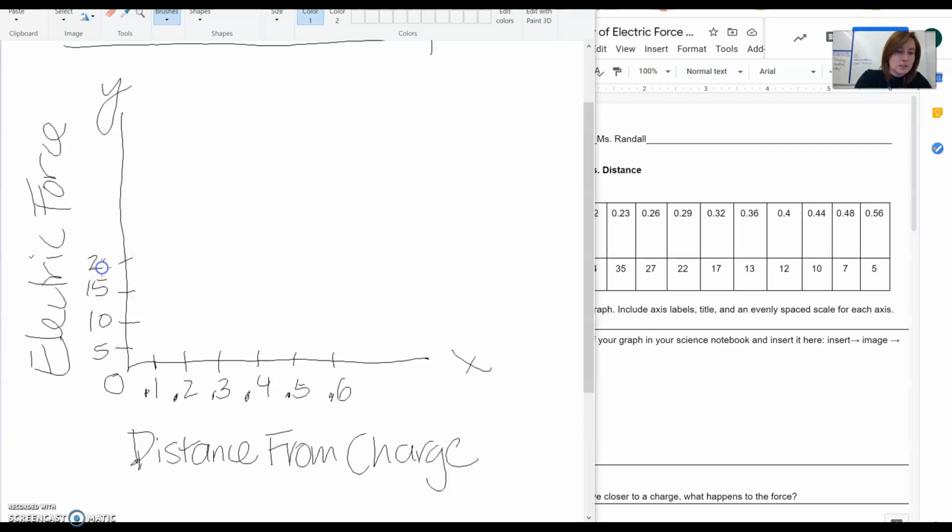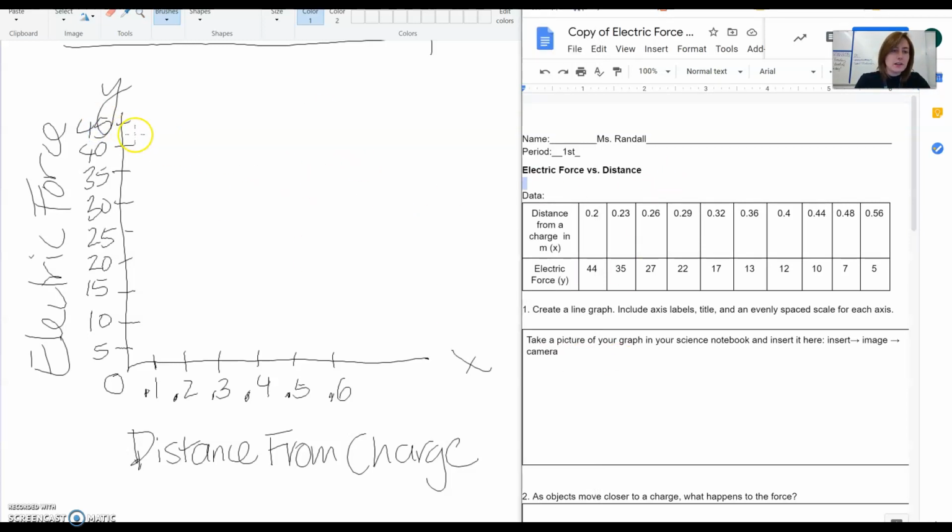I might run out of space on this one. Plus, it's hard to draw on my computer screen. Okay, and my biggest number is 44, so I don't need to go any higher than 45 on my y-axis.